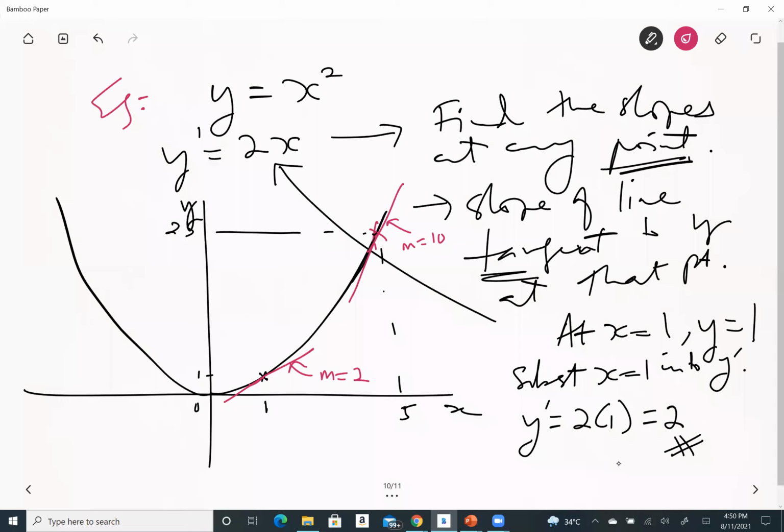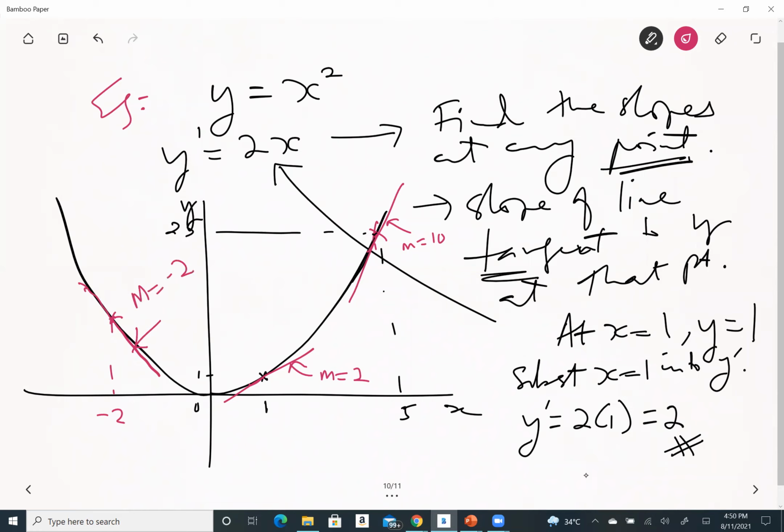Okay? And of course, you can also find it here, say at x equals -2. If it is -2, what is the value of the slope? Now we can do it quickly, you don't have to substitute. It's -4. It's shown by the straight line just tangent to the curve at that point, x equals -2.